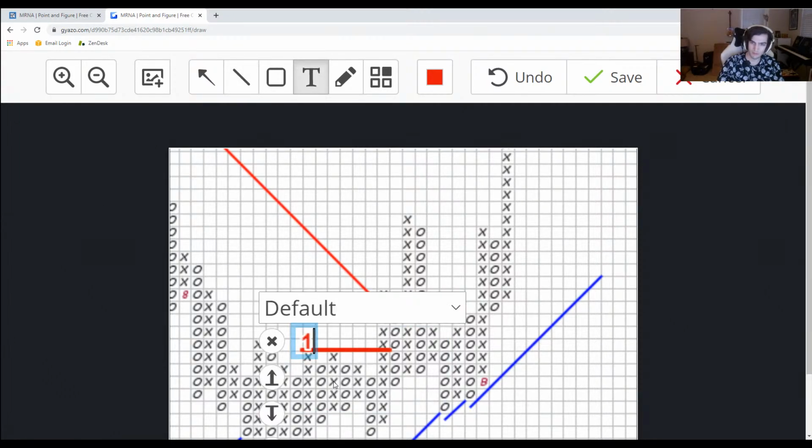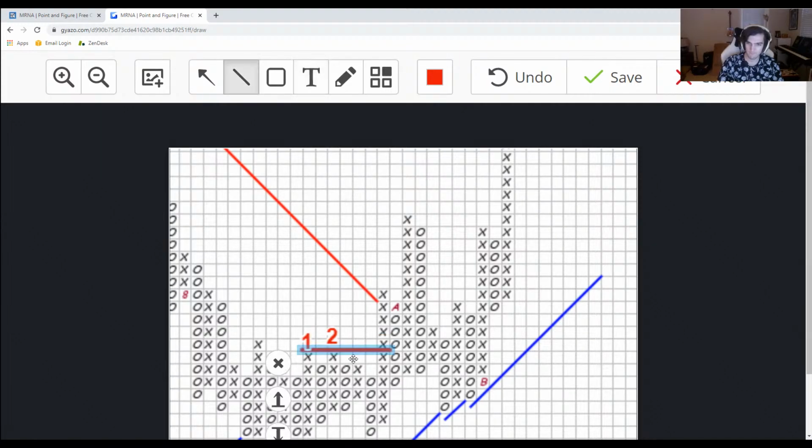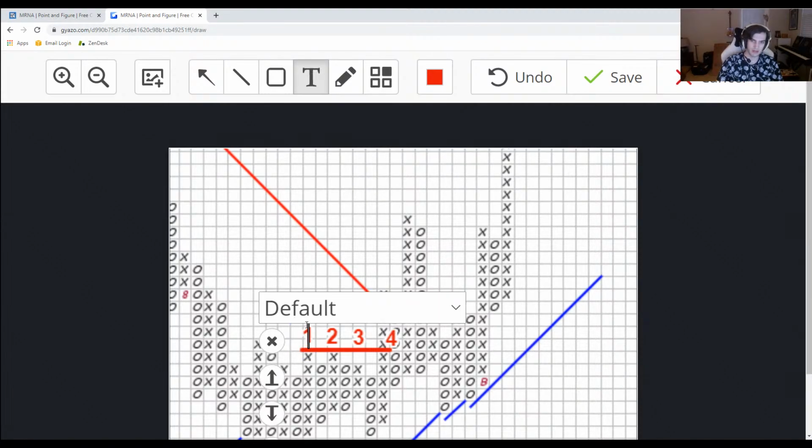We have 1, 2, 3, and then 4. Here we have our spread triple top breakout, where we have 1, 2 points that hit the double top breakout, or hit our resistance barrier, a third that didn't quite get there, and then the fourth finally took off.